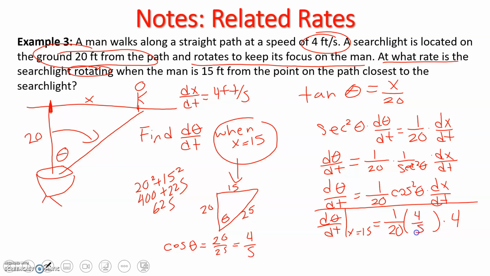Therefore, this is 4/5 squared. So we have 1 over 20, 16 over 25, times 4, which becomes 64 over 125, which, let me try that again, becomes 64 over 500, which reduces to 16 over 125 degrees per second. And done.